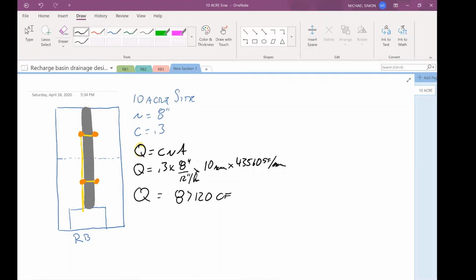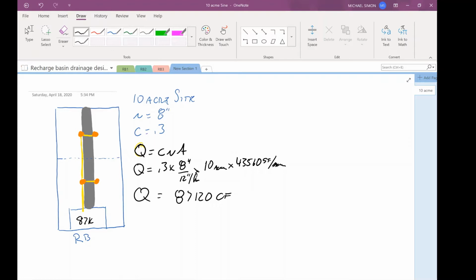Yes, okay, so small recharge basin, 87,000 cubic feet of water to be captured. That's the volume of that recharge basin. We'll go into sizing those up later, but we at least need to know what the capacity is.